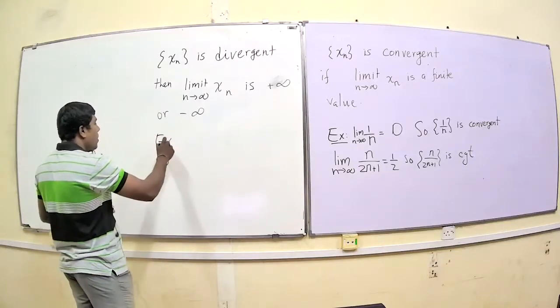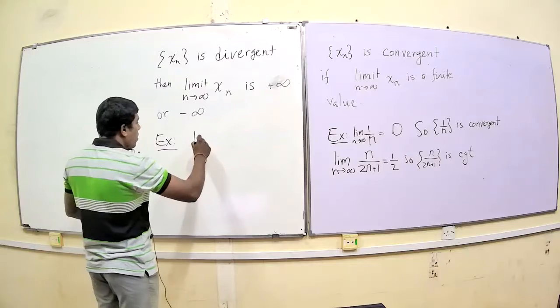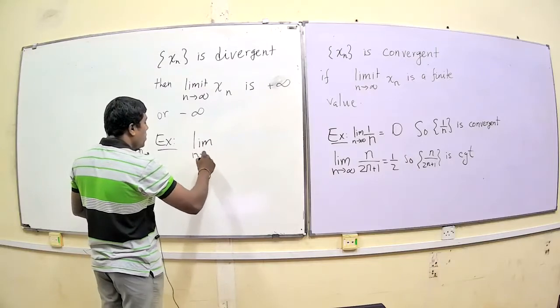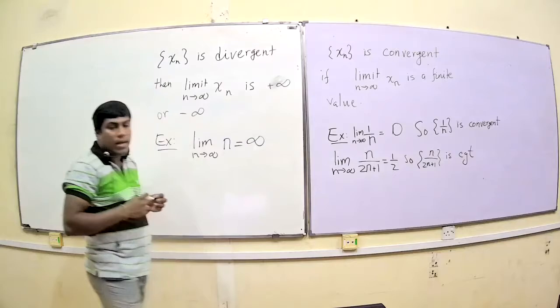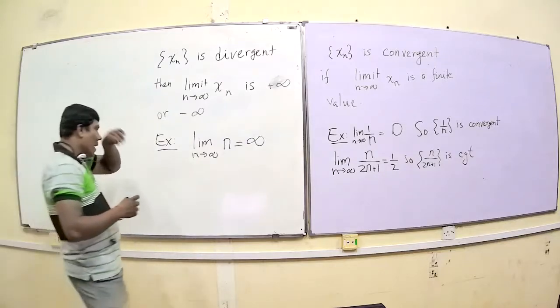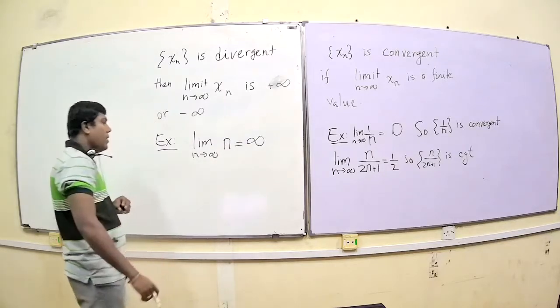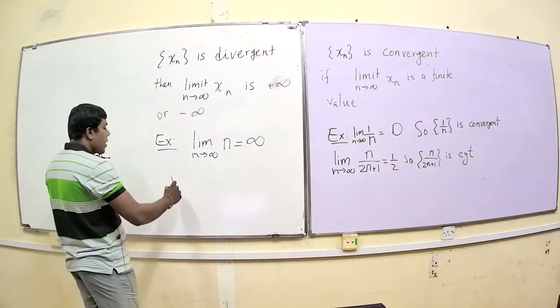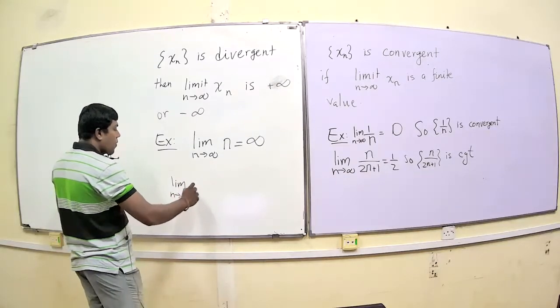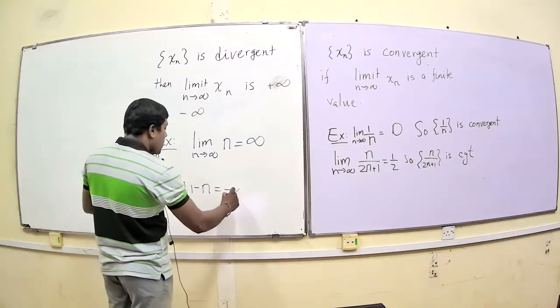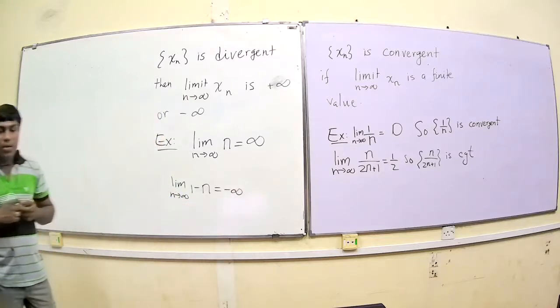So you know that example, limit of n goes to infinity, n is infinity. So clearly that sequence is divergent. The other example is limit of n goes to infinity, 1 minus n, which is minus infinity.